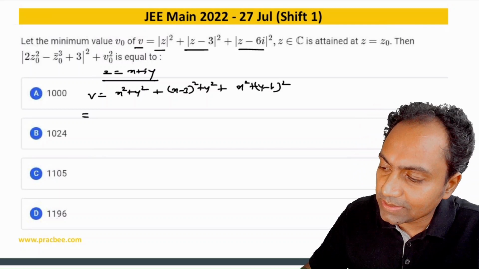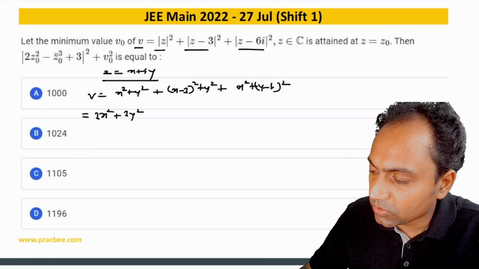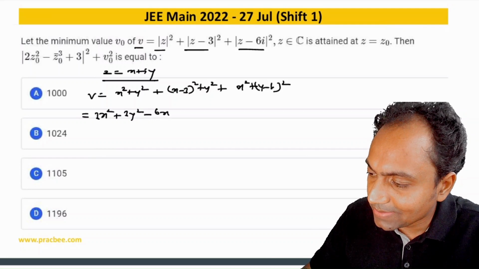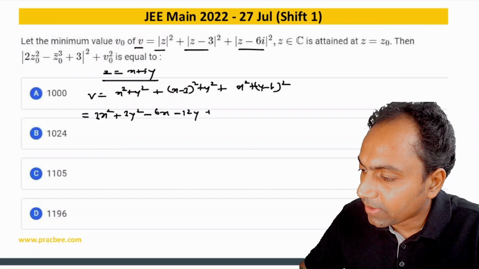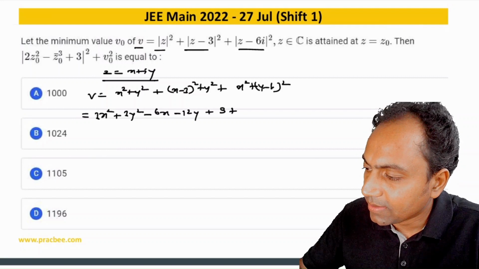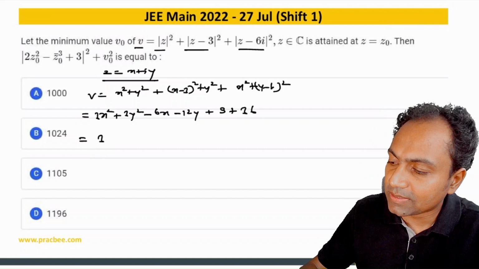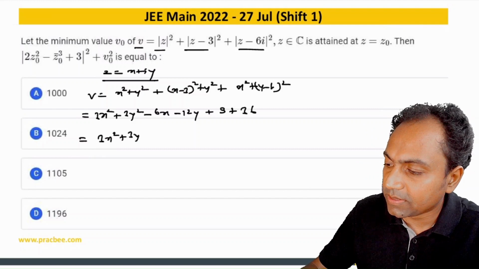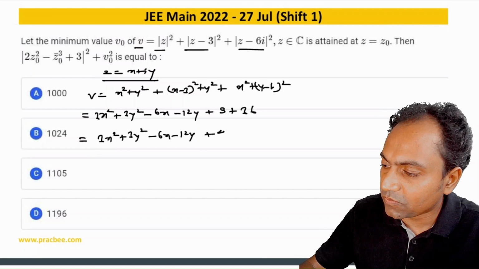If I simplify this, this becomes 3x² + 3y², then there would be −6x, then −12y, 3 squared, that is 9, and 36. If I simplify this, this is 3x² + 3y² − 6x − 12y + 45.